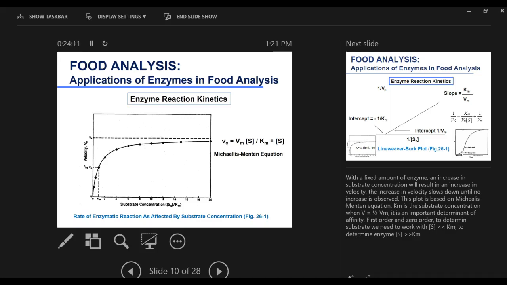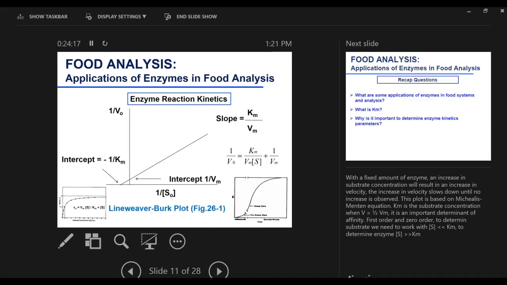So to convert that to a linear curve, they inverted it. Two other scientists, Lineweaver and Burk, inverted the Michaelis-Menten equation, and they came up with a straight line, the Lineweaver-Burk plot.